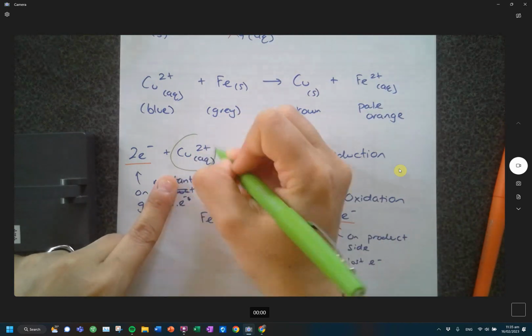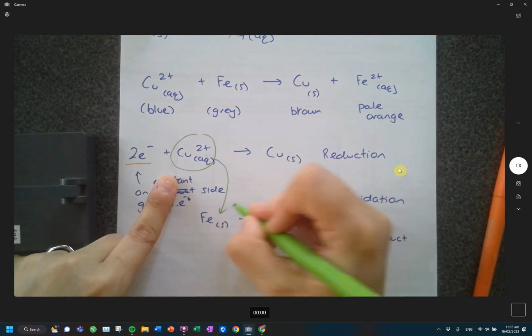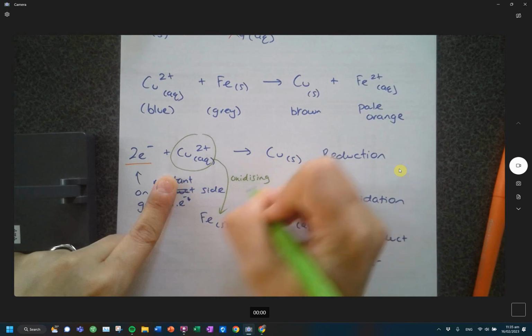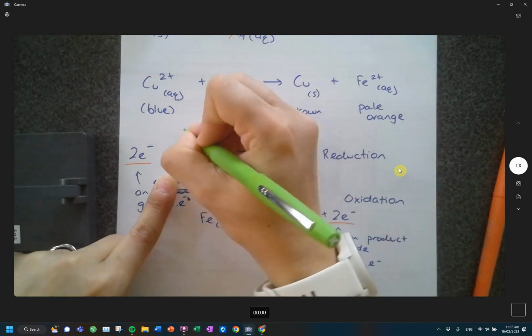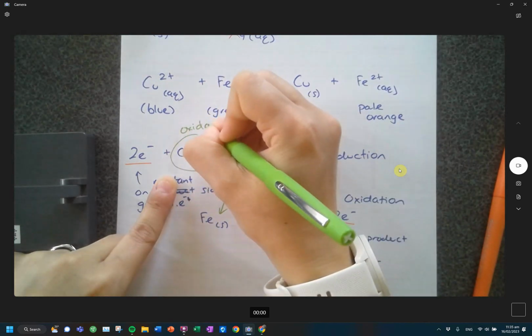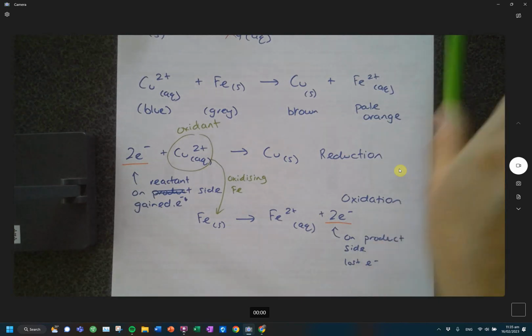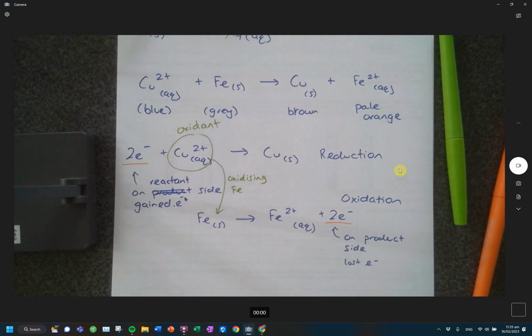So copper 2 is oxidizing iron. So we call this the oxidant. You might also hear it being referred to as oxidizing agent or oxidizing reagent. I know it's stupid, but somebody decided that, and that's what we're stuck with.